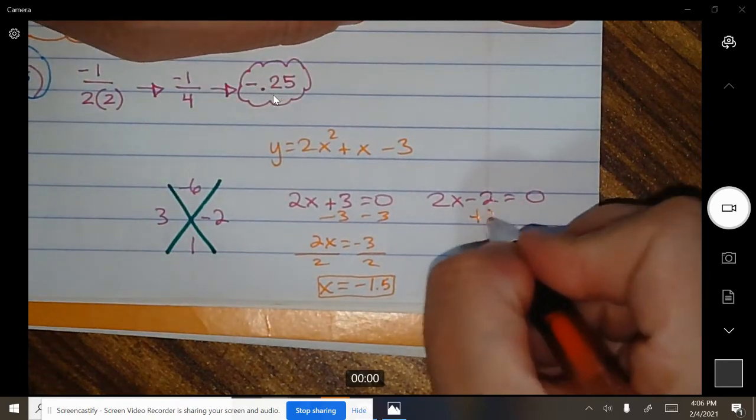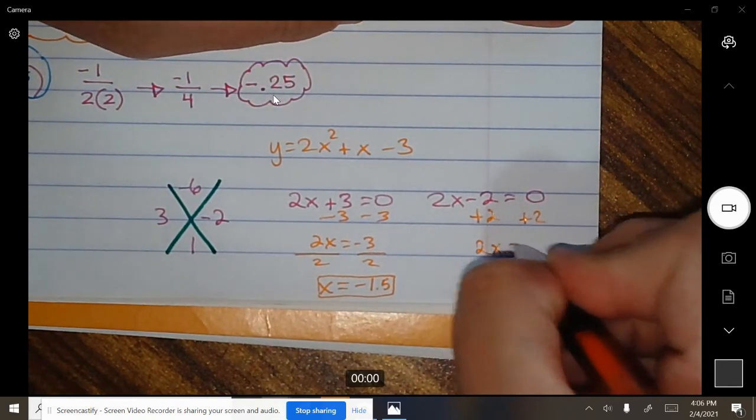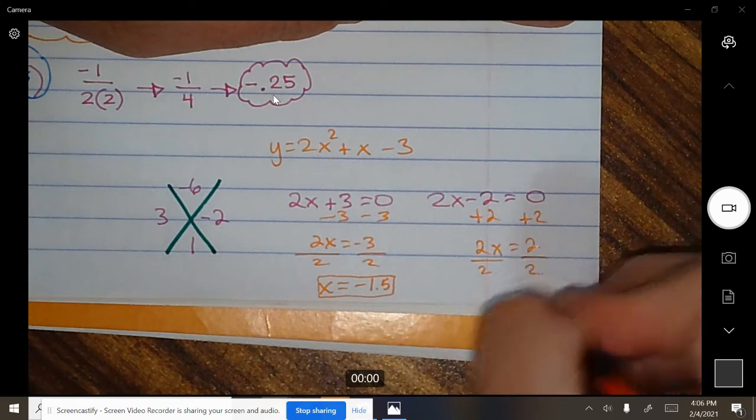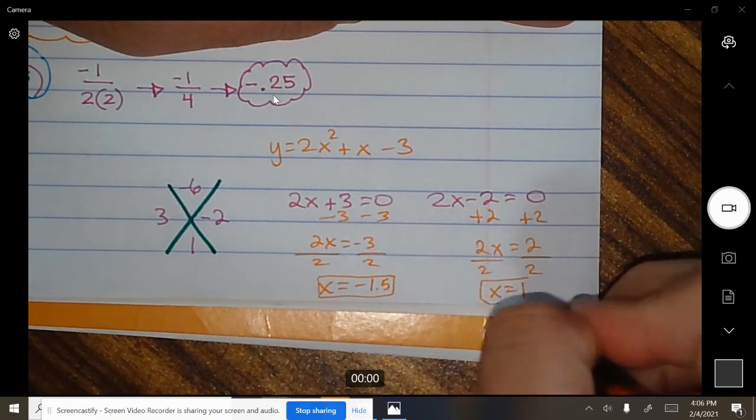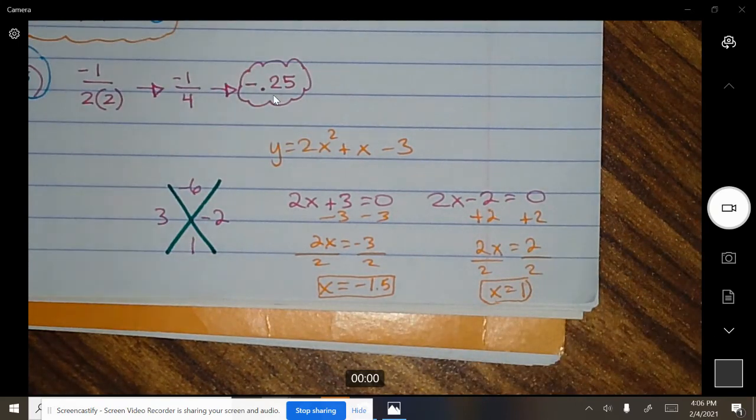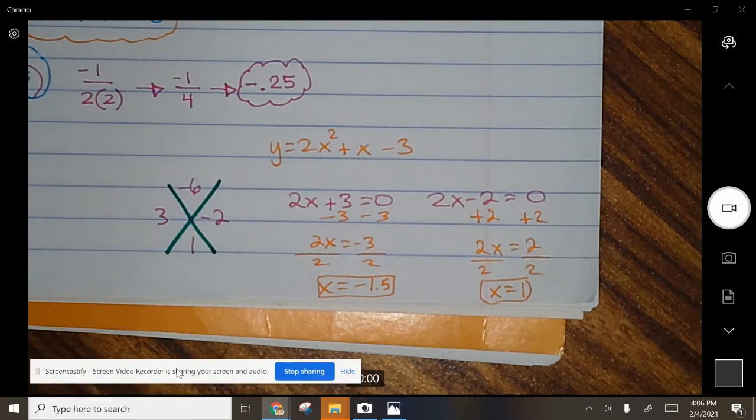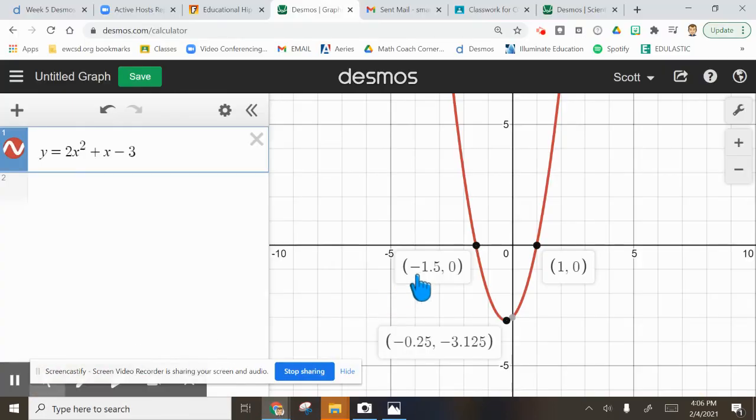For this one, add 2, 2x equals 2, divide by 2, x equals 1. So, just about done here. Negative 1.5 and 1. So let's go back to my graph. Look what we had, negative 1.5 and 1. My y's are 0, but my x's are here, okay?